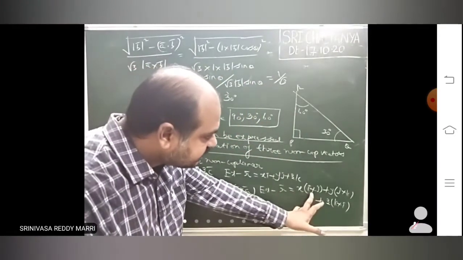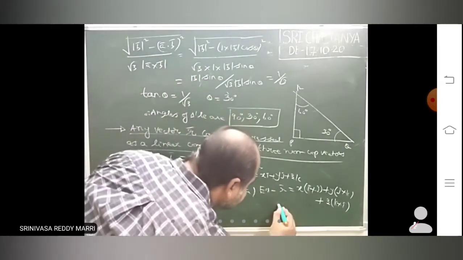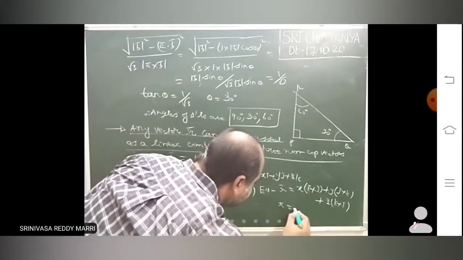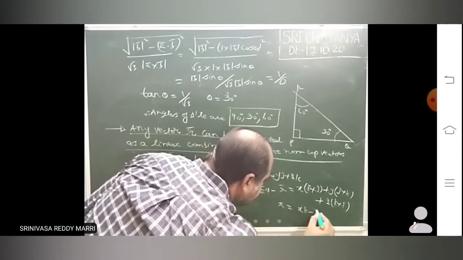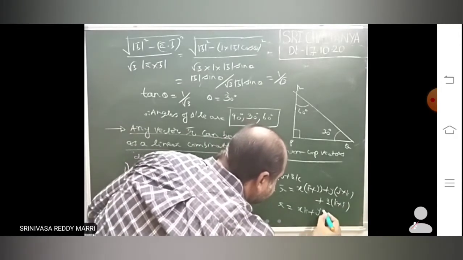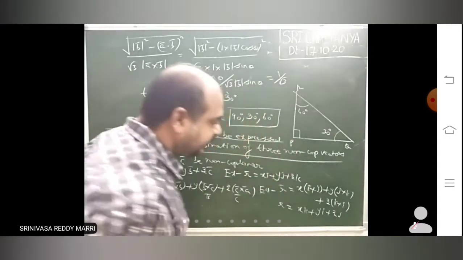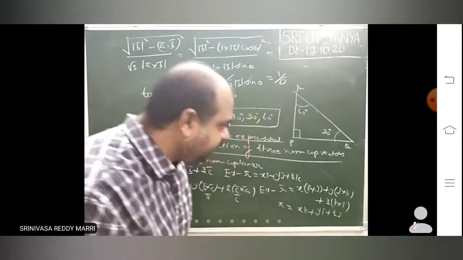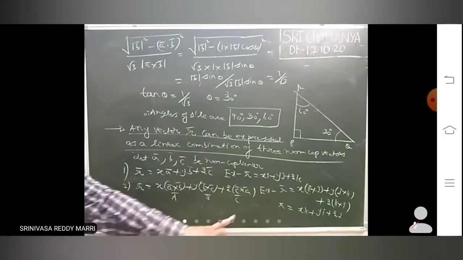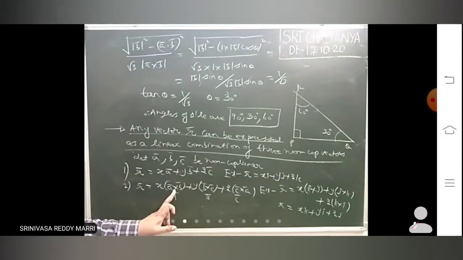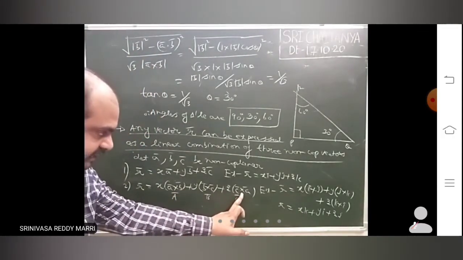Look, any vector in space can be expressed like this also. This vector is nothing but xk plus yi plus zj. This is nothing but a vector in i, j, k form only. They are expressed in terms of what? A cross B, B cross C, C cross A.